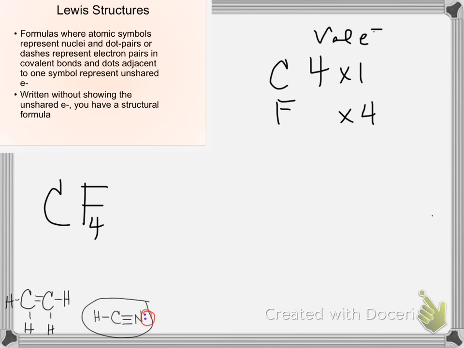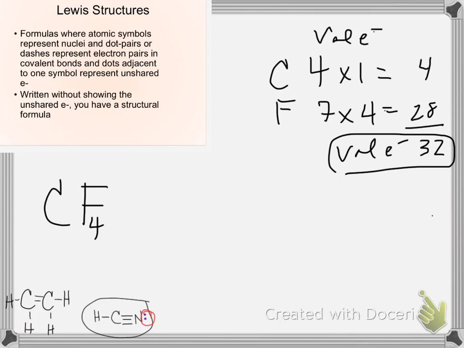How many valence electrons does fluorine have? 7. So we have 4 and 28. Total number of valence electrons? 32. Okay, so these atoms come in bearing a total of 32 valence electrons.